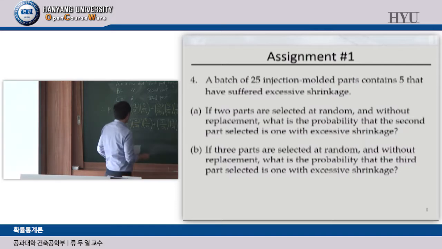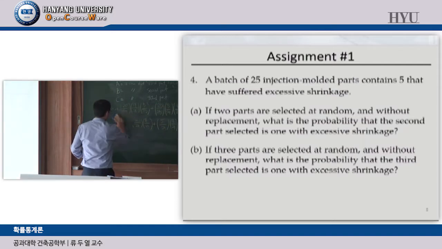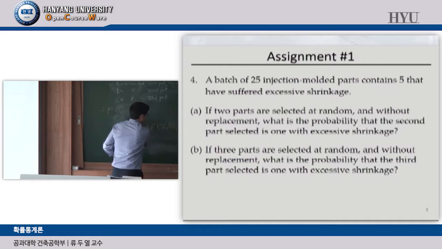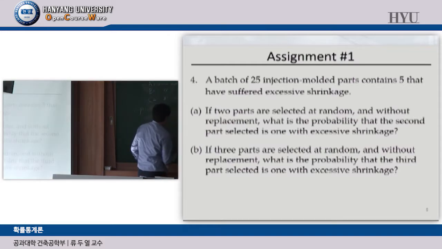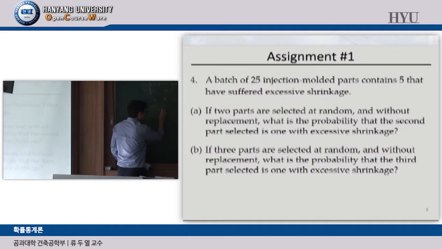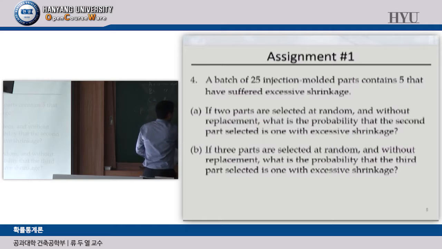So finally, this can be written as the conditional probability of C given A prime intersection B prime multiplied by the probability of A prime intersection B prime, right?